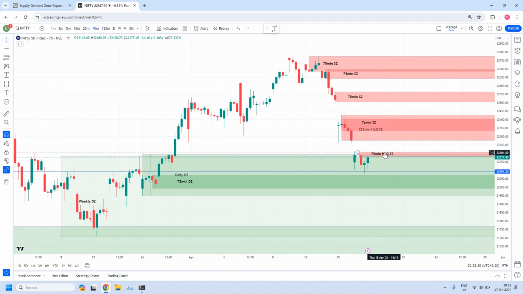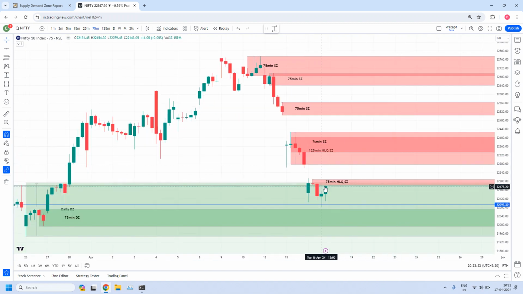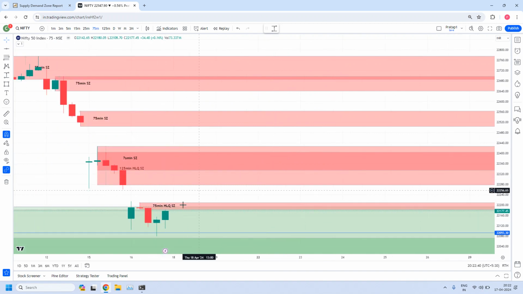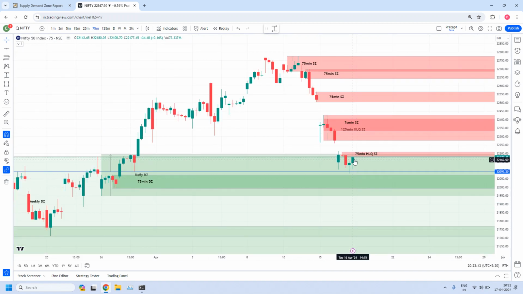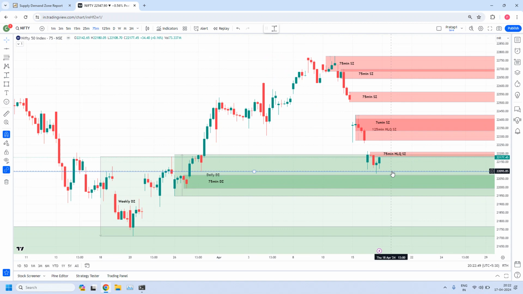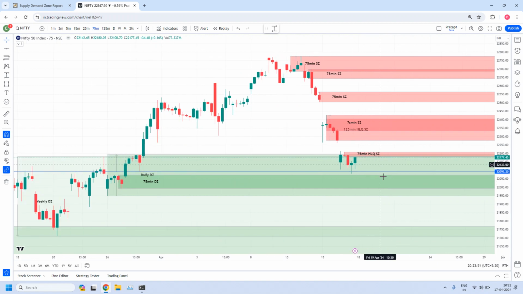Now the situation is clear. There is a fight that will take place between these two zones. But how strong is this newly created supply zone, and how is it going to hold the prices? Yesterday it didn't let the prices go beyond this. See, the supply zone held the prices during the last hour of the market. So the possibility is price is going to move between these areas.